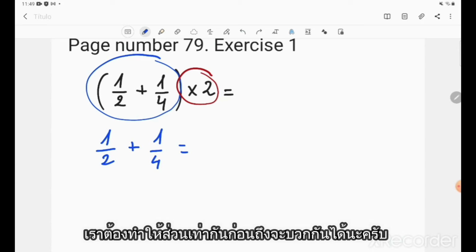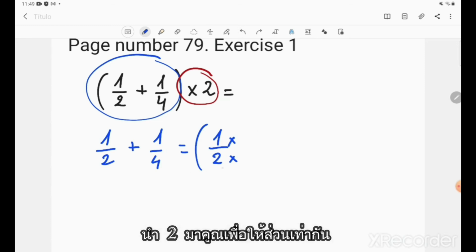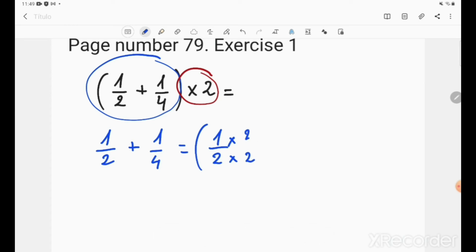So how to make these two fractions have the same denominator? We need to multiply or divide some of these fractions to become the same number as the other. In this case we are going to multiply 1 over 2 by, what do you think? What number should we multiply 2 by to get 4? By 2, right? That's it.